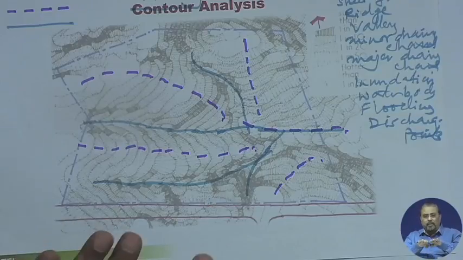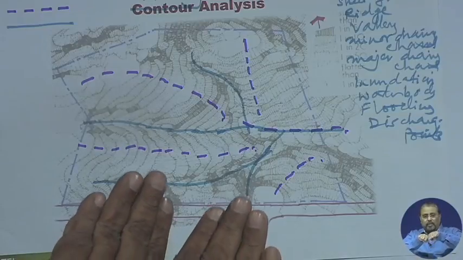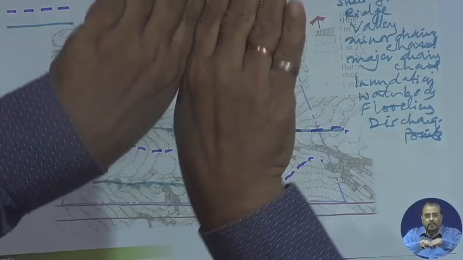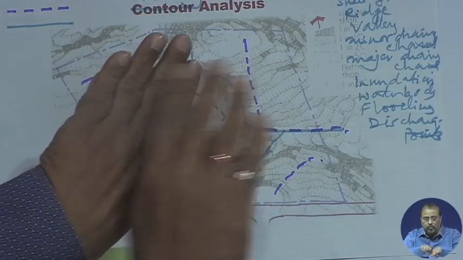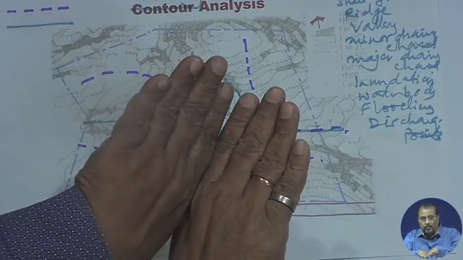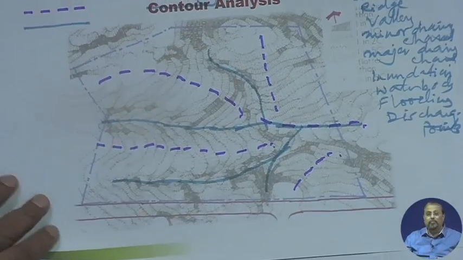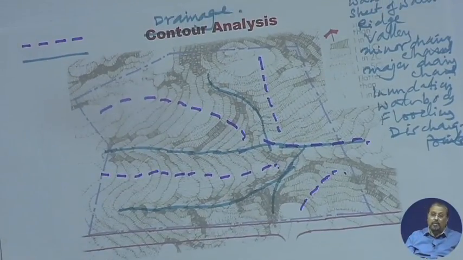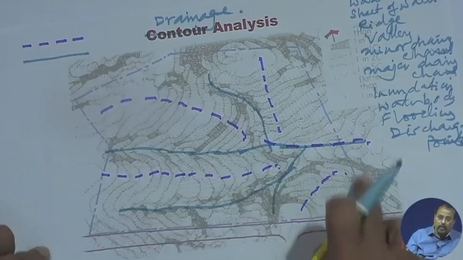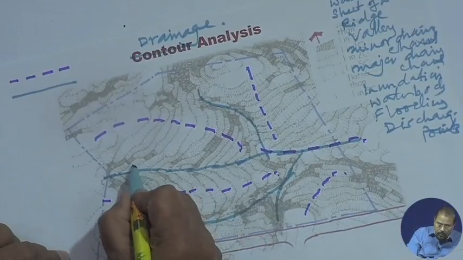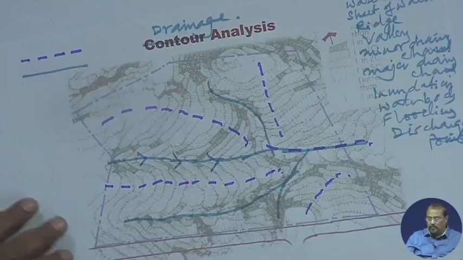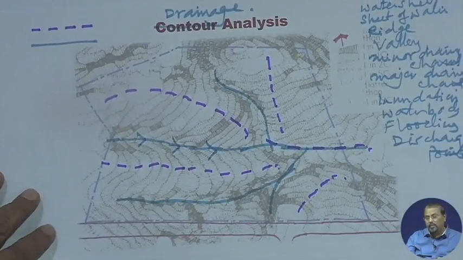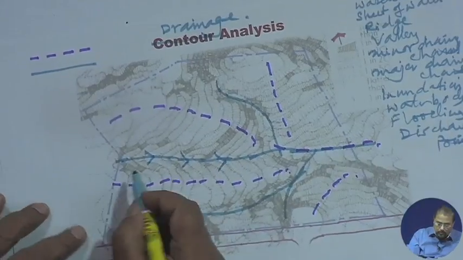Look at my hand: this particular point, ridge sloping in this direction, ridge sloping in this direction, this is the valley. So the valley then becomes designated as the channels. Whatever is your valley line, the moment you give an arrow, it becomes a channel. And channel means hydrological channel or drainage channel, whatever you call.